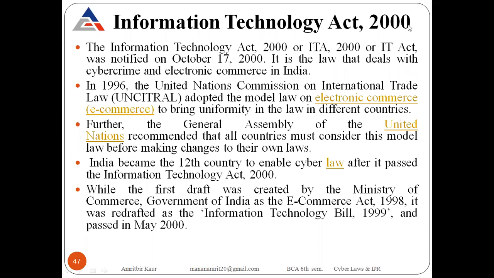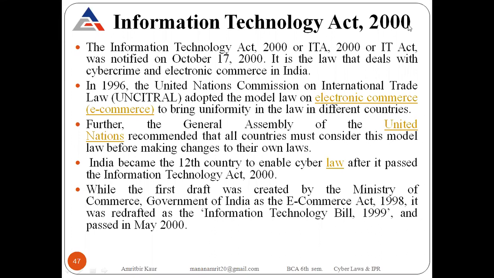Information Technology Act 2000, or IT Act 2000, was notified on October 17, 2000. It is the law that deals with cybercrime and electronic commerce in India.